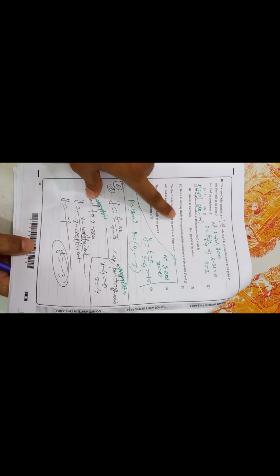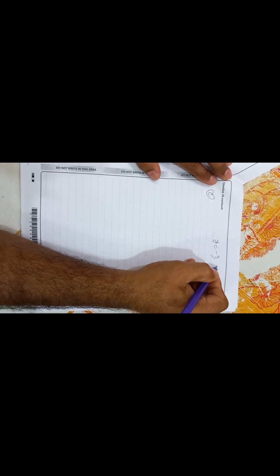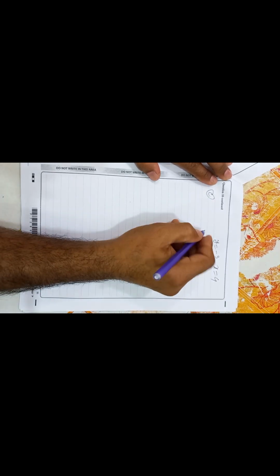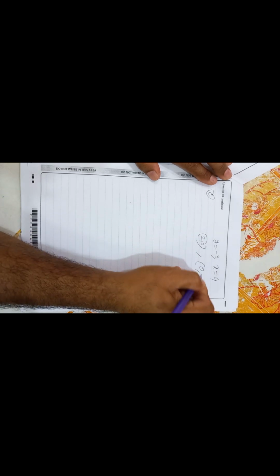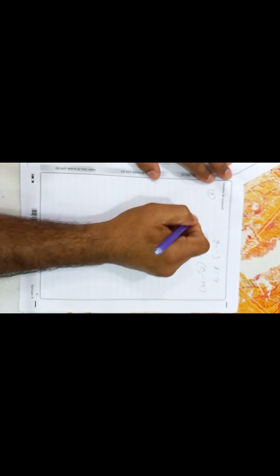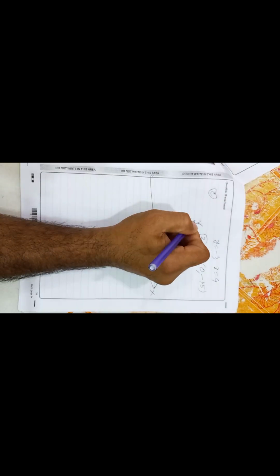Number c, they said, sketch clearly the asymptotes. So for sketching, let us write all. We have got y equal to negative 3, we have got x equal to 4, and coordinates 2 comma 0 and 0 comma negative 1.5. Now let us learn how to draw the xy axes.